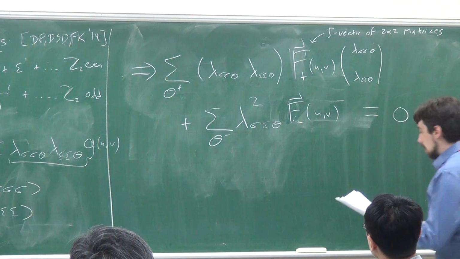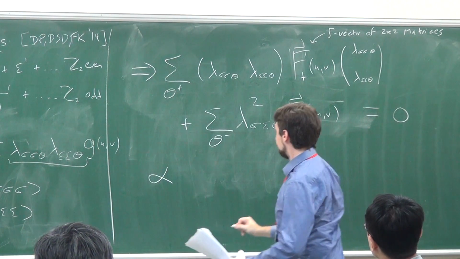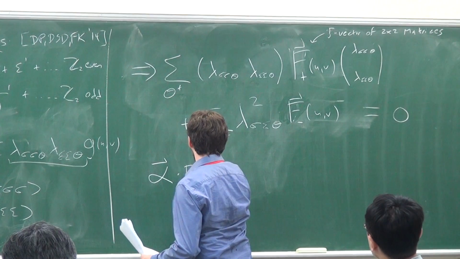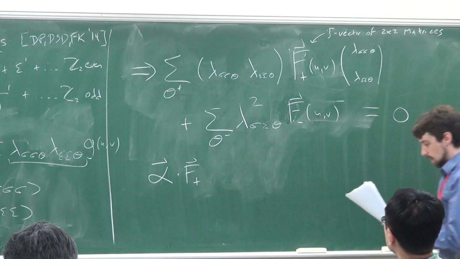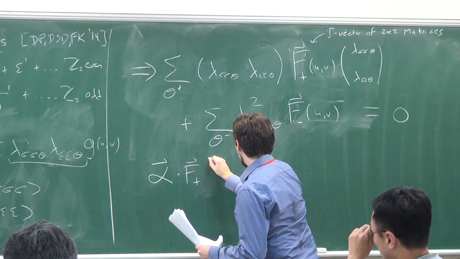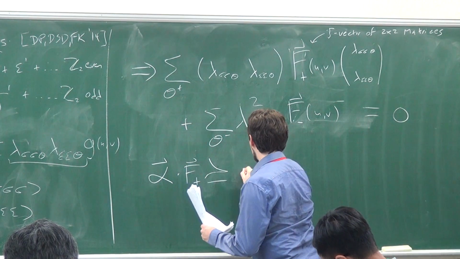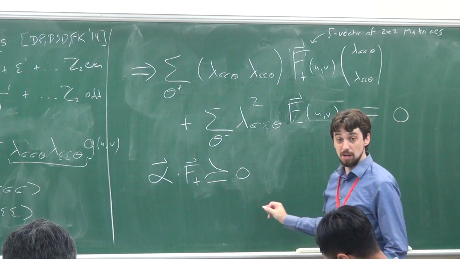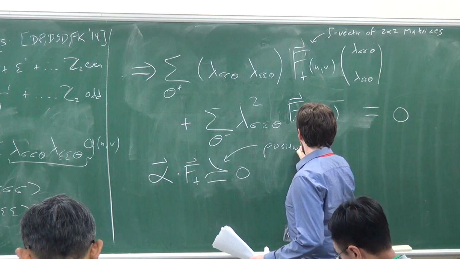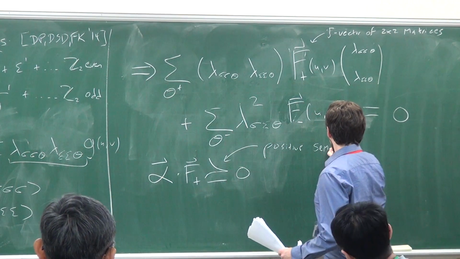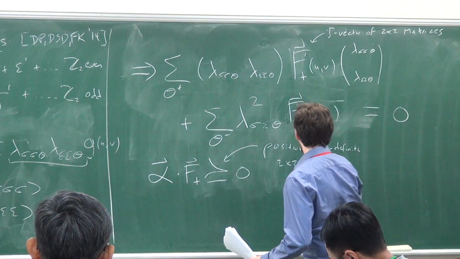And what I can do is apply a functional to this F plus, which gives me a positive definite or positive semi-definite 2x2 matrix.